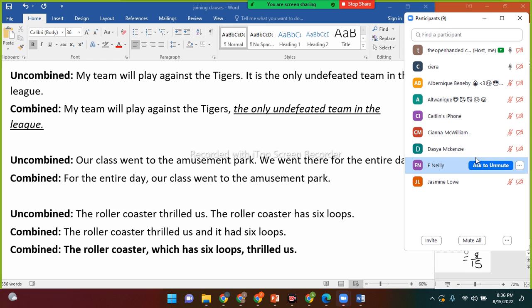What was the word? Congruent. Oh, I thought you said conglomerate. Congruent.